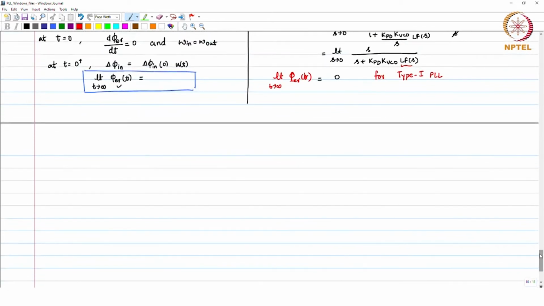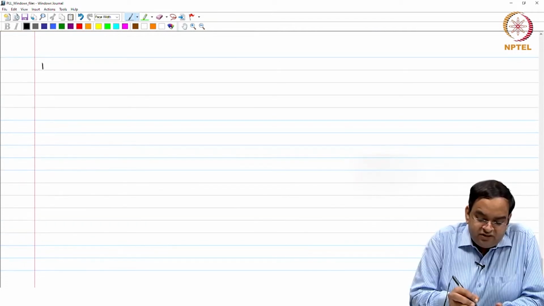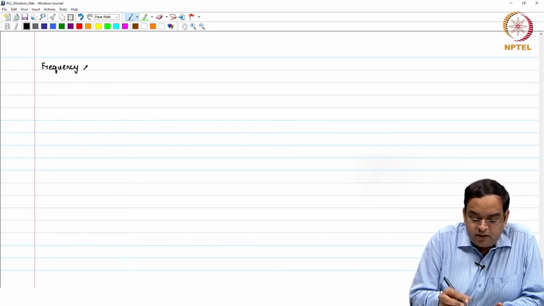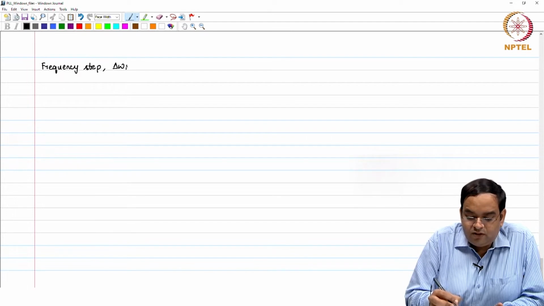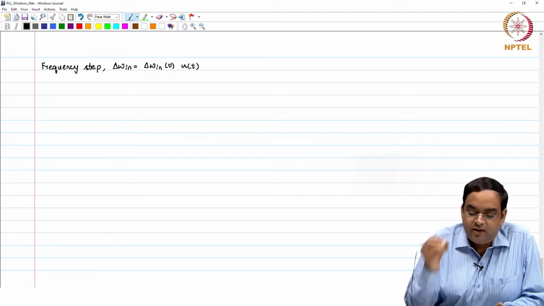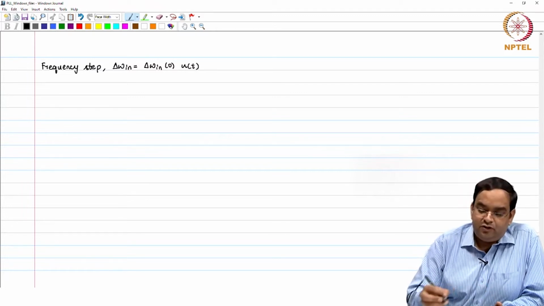Now, with this phase step, let us see if I apply another change, which is a frequency step. When we apply a frequency step to the PLL, delta omega in is equal to delta omega in 0 times u of t, a step at time instant t equal to 0.